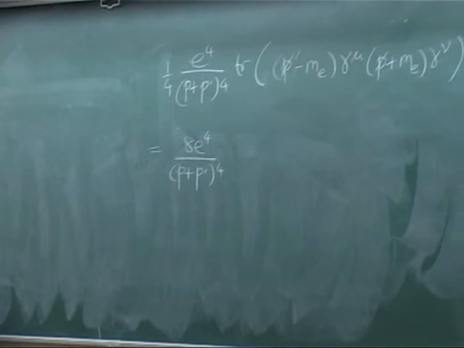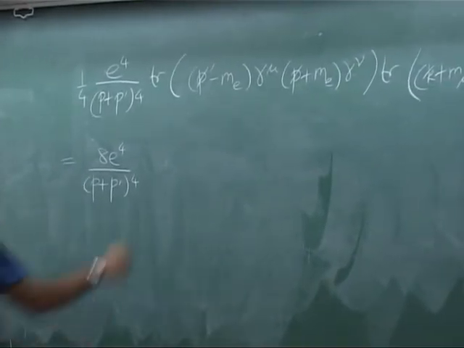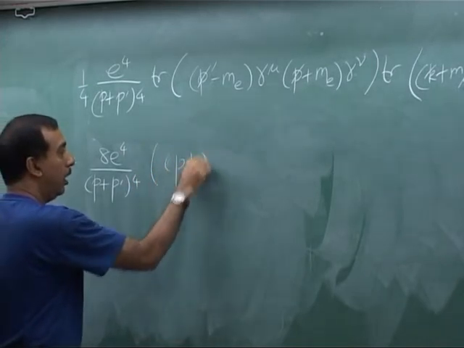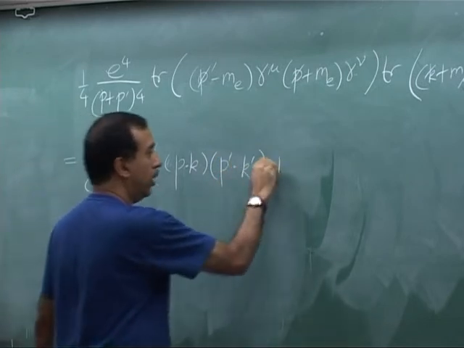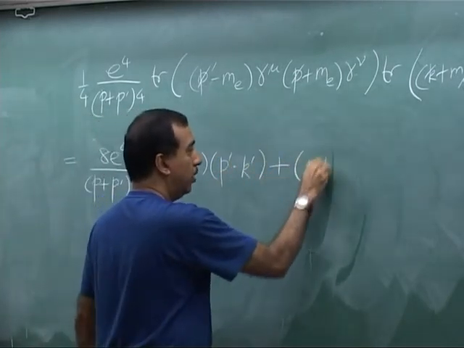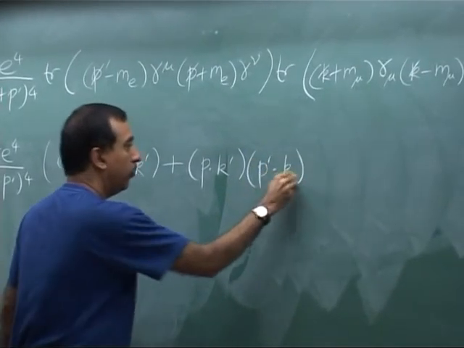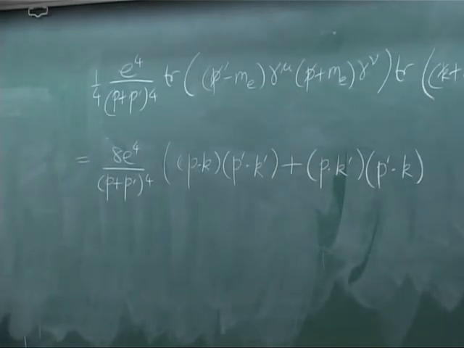Once the traces are done, the answer has to be expressed in terms of Lorentz invariants made out entirely from momenta. So P dot K, P prime dot K prime. These are all 4 momentum contractions. P dot K prime, P prime dot K. These are 2 of the terms. Then there is P dot P prime, K dot K prime.